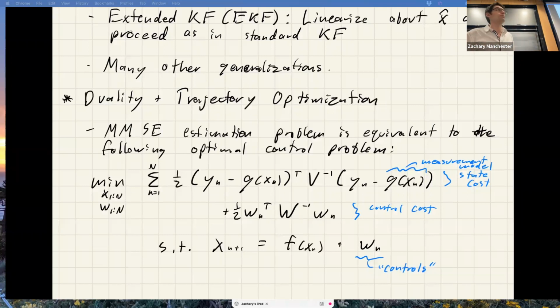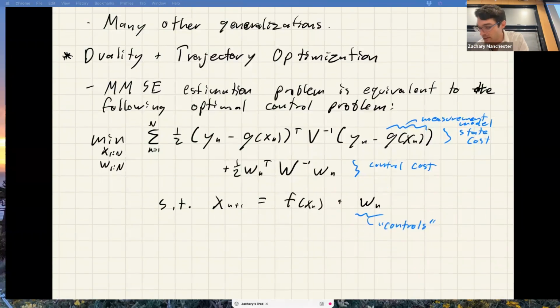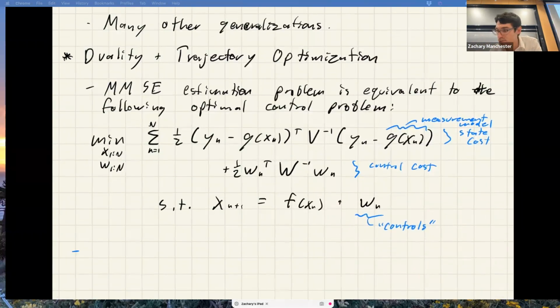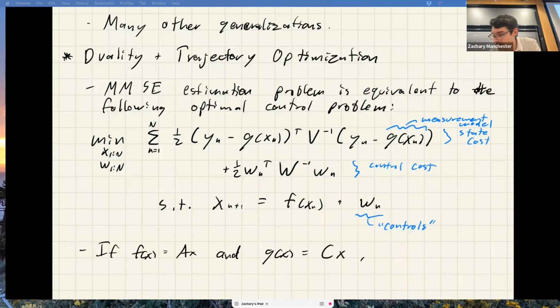That's our measurement model. So let me write this down, actually. This is a general nonlinear measurement model. So if f of x equals Ax and g of x equals C times x, this is an LQR problem.